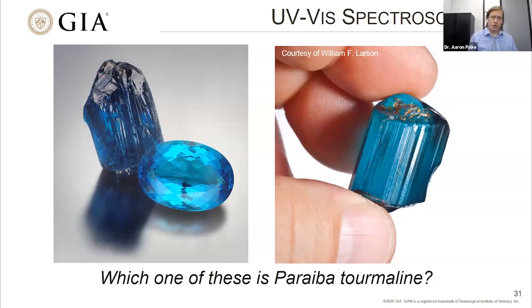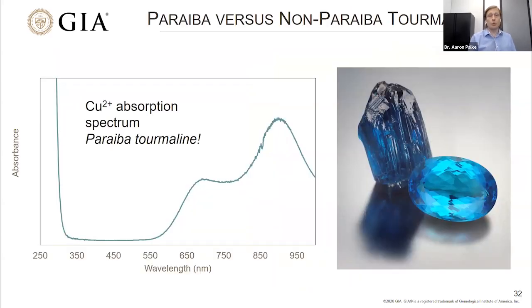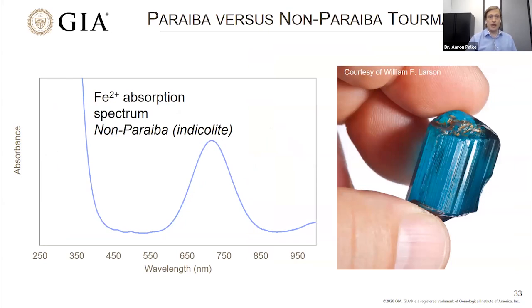One of the ways we have to identify these copper tourmalines is by proving that the blue color is actually caused by copper and not by iron. So we would do this with the UV visible spectrometer. We look at the absorption spectrum of a tourmaline and look for this characteristic copper absorption spectrum with one peak at about 720 nanometers and another one at about 900 nanometers, which you could contrast with a pure iron absorption spectrum with one peak at about 730 nanometers without that additional peak further in the near infrared.